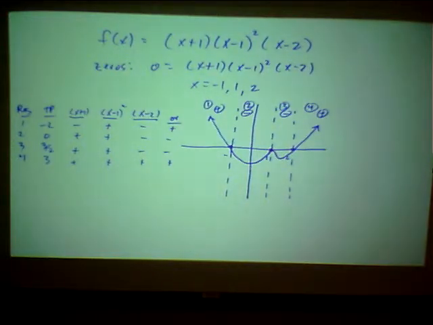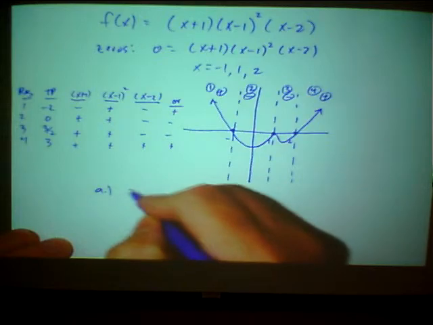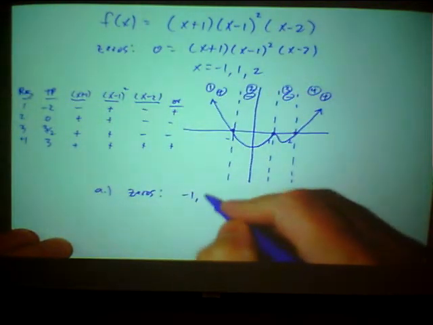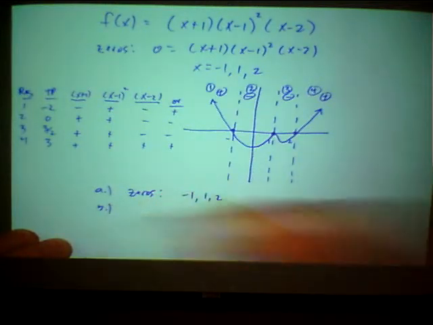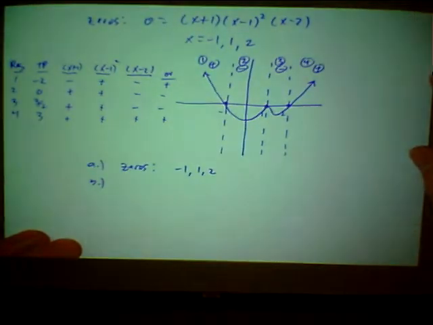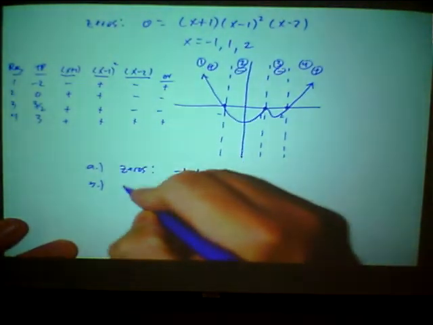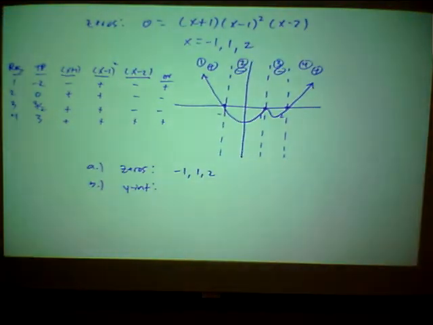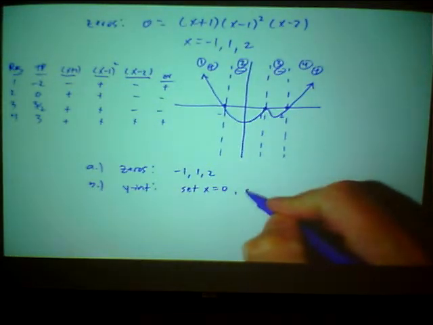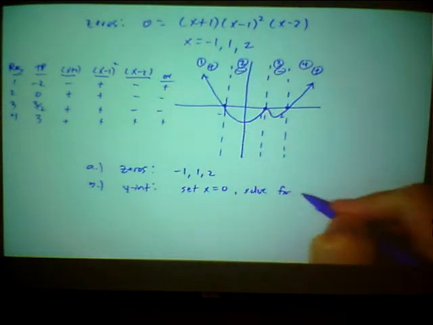Now in your homework, just as an example, here's the kind of questions they ask you. First, they're going to ask you for the zeros. Well, we found the zeros, right? Negative 1, 1, and 2. And then in the homework, they're going to ask you for the y-intercept. Well, for the y-intercept, you simply set x equal to 0 and solve for y.